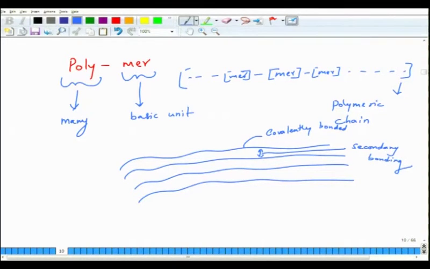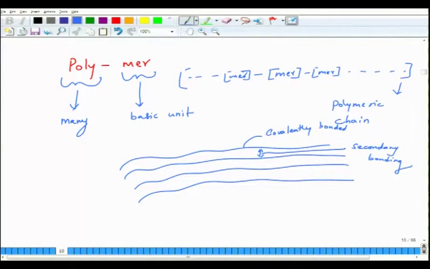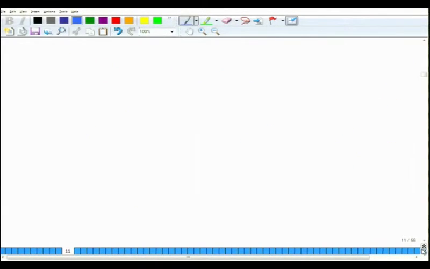This secondary bonding between the chains allows flexibility in the structure of polymers. Depending upon how these chains are arranged in space, the polymers could be linear polymers, which are also called chain type structure.